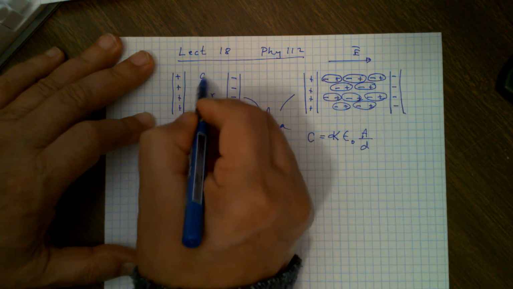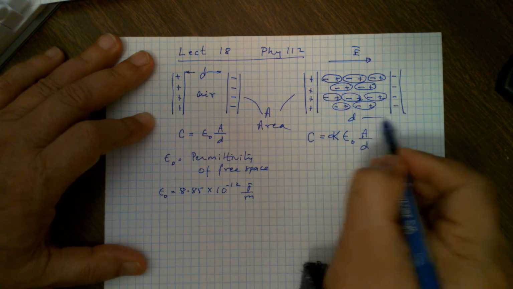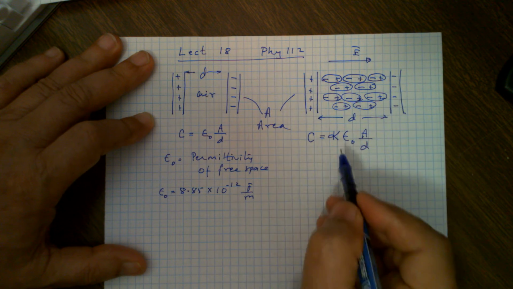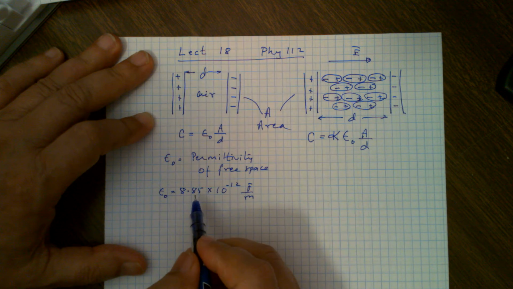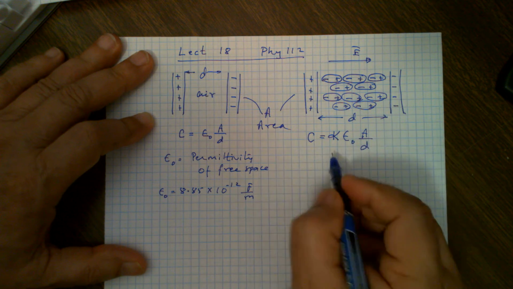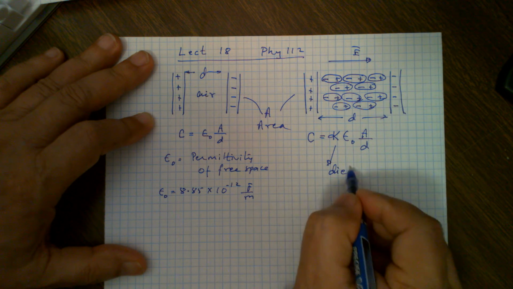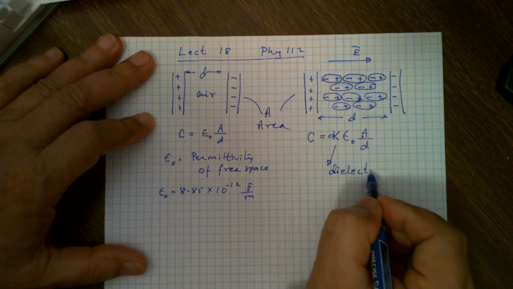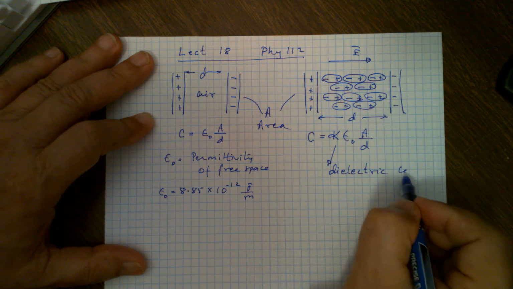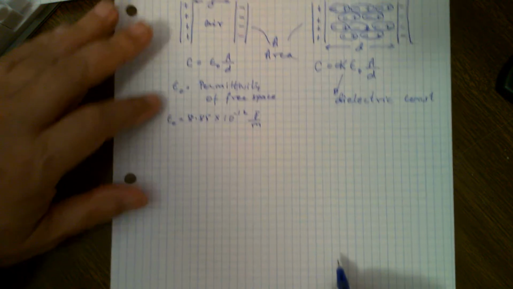D is the separation distance between the plates. Epsilon naught is this constant, permittivity of free space. And kappa is what we call the dielectric constant. So for each material, then they're different.